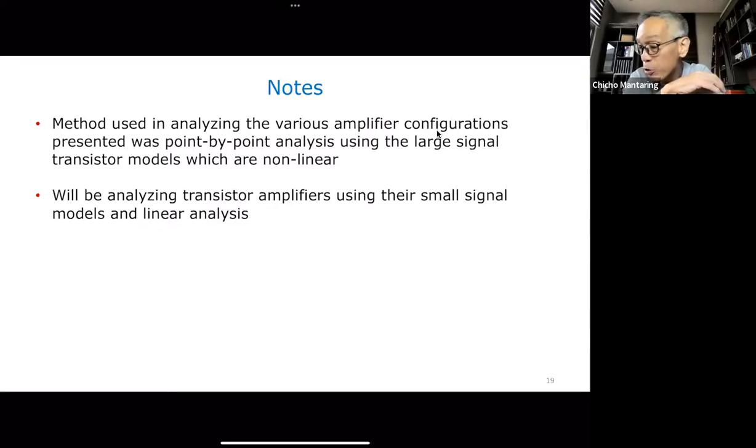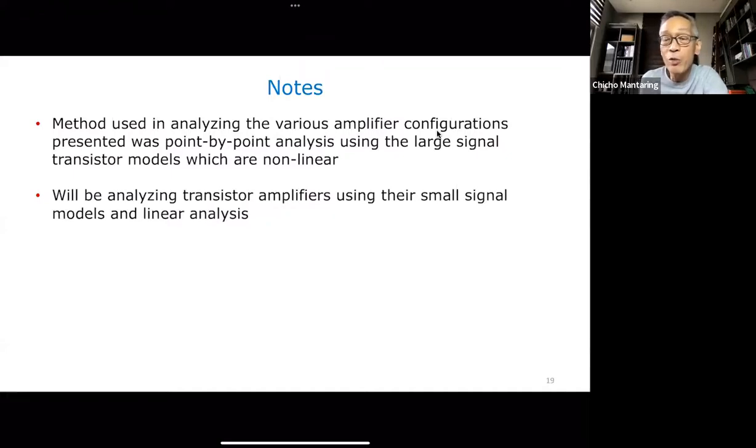I'm going to be able to compute for my gain using normal circuit techniques that you learned in 1, 2, 3. You learned linear analysis in 1, 2, 3, and that's what we are going to use, but you are going to apply this to the small signal model of the transistor.